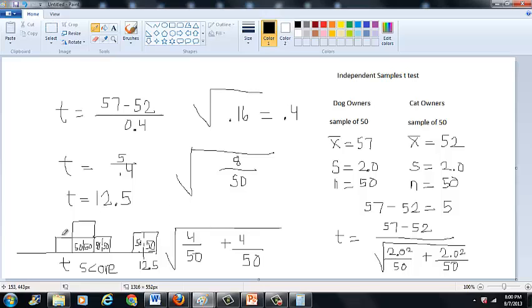And the curve that goes around these t-scores will actually be a t-distribution curve, just like with the one-sample t-test.